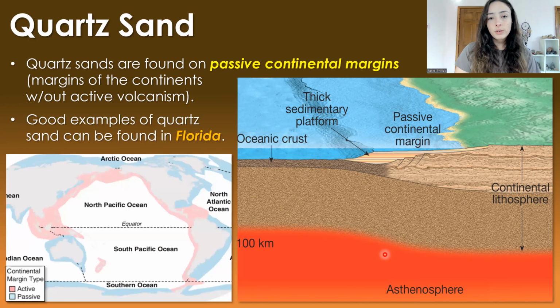And so good examples of quartz sand can be found in Florida, and as we can see on this map here of passive versus active margins, this makes absolute sense because Florida is in the passive blue zone, and all of these pink zones are active, so they have less old, mature quartz sand beaches and are probably more darker in color because they have a whole bunch of other fragments from active volcanism.